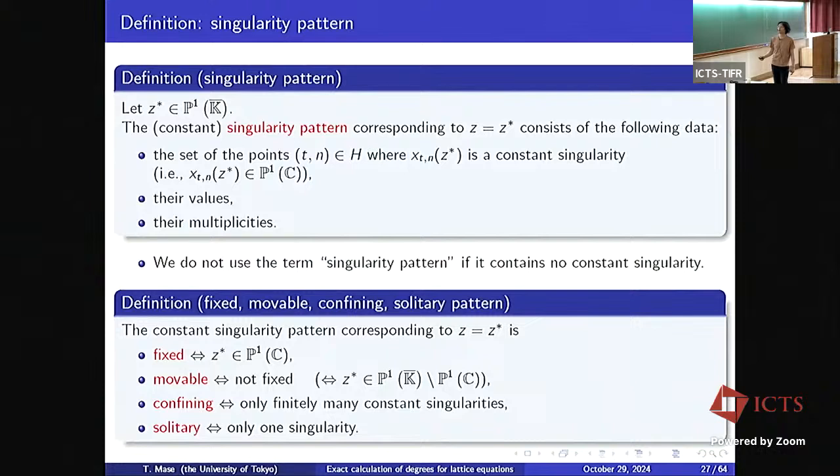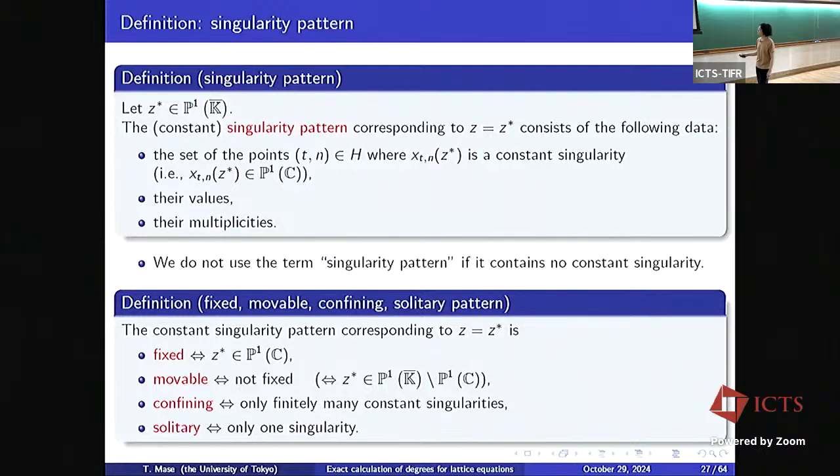And we define some properties of singularities. A constant singularity pattern is fixed if Z star doesn't depend on any other initial variable, like Z star equals 0 or Z star infinity or something like that. And the singularity is movable if it's not fixed. That means the singularity is movable if Z star belongs to this.